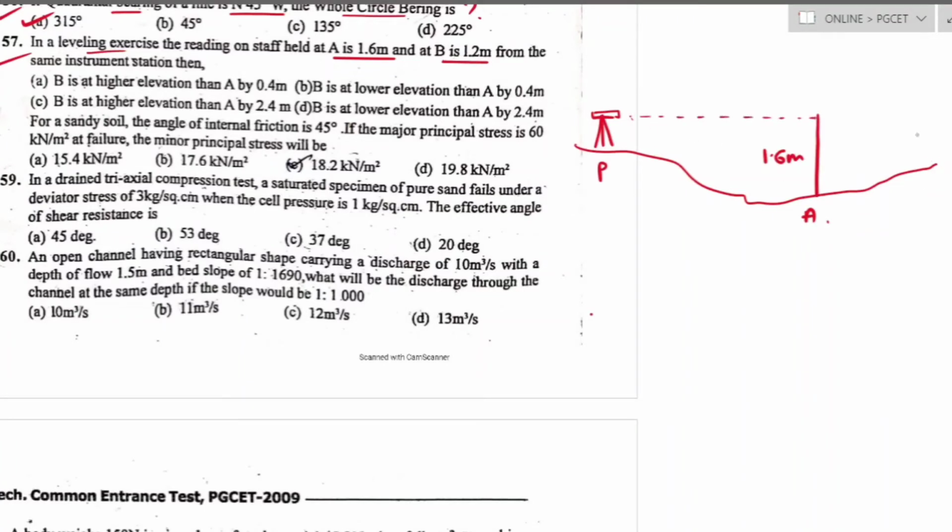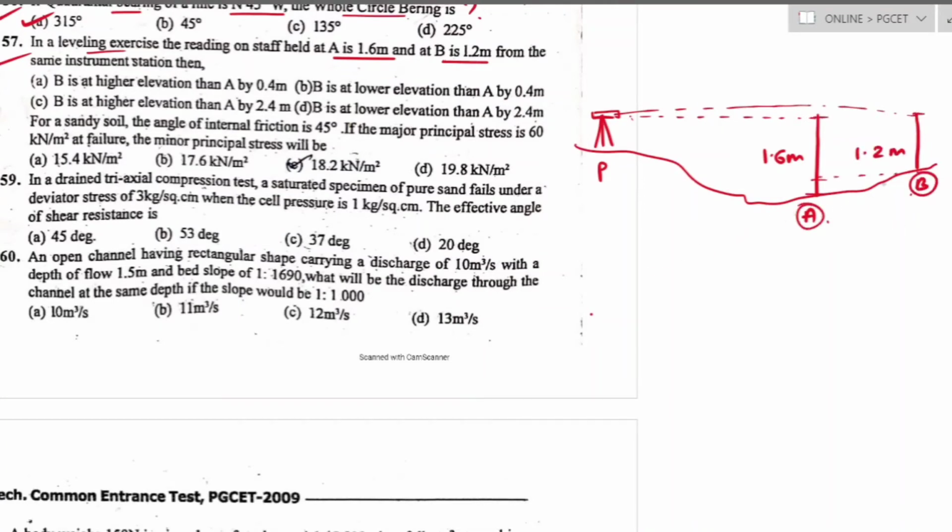Question number 57. In a leveling exercise, the reading on a staff held at A is 1.6 meter and at B is 1.2 meter from the same instrument station. So consider an irregular ground profile with instrument station P, which is used to measure the staff held at A, which is 1.6 meter, and the staff held at position B, which is about 1.2 meter.